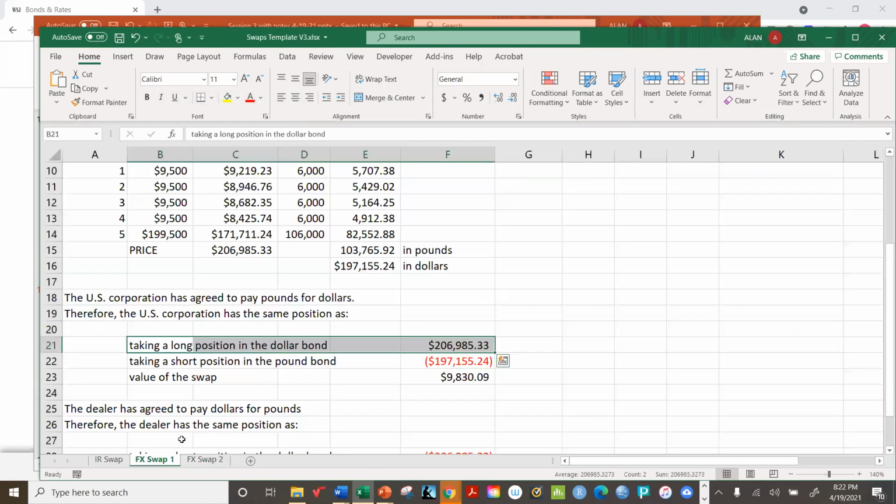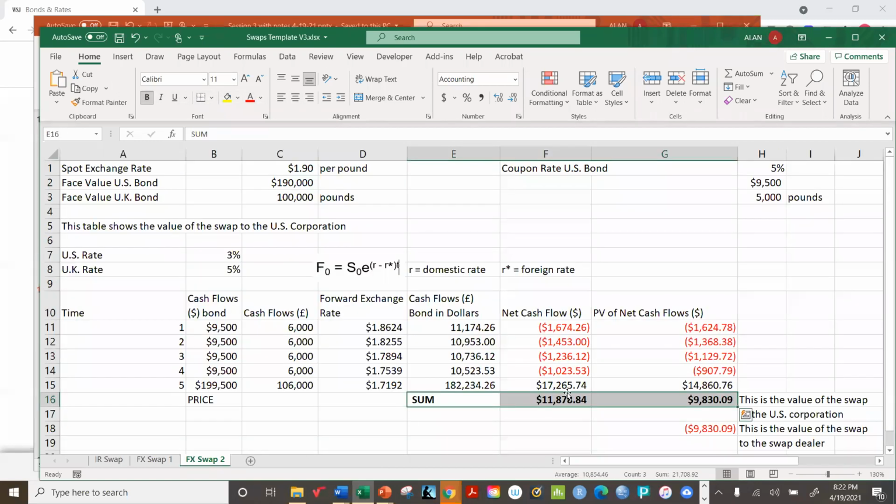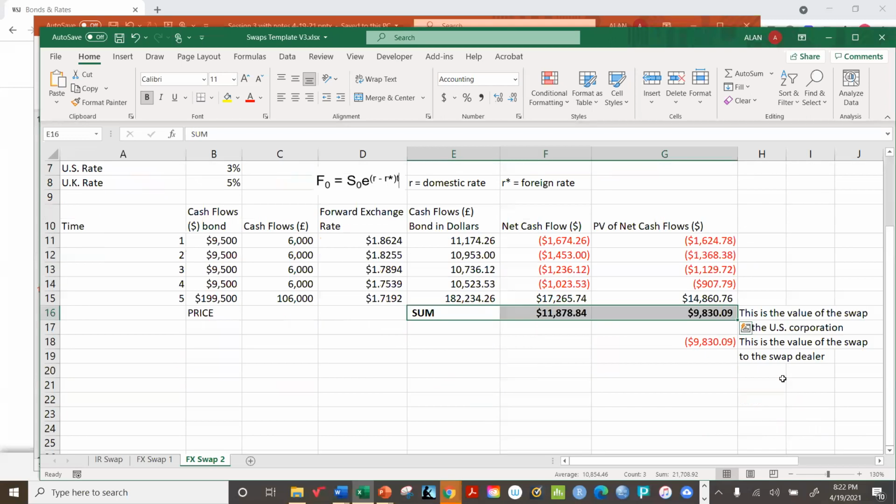It has to be, because they're calculated in 2 different ways, but they represent the same information. So any way you slice it, the swap is worth 9830.09 to the US corporation, and it is worth negative 9830.09 to the dealer.